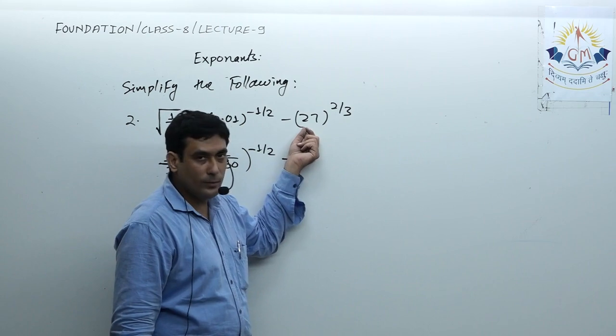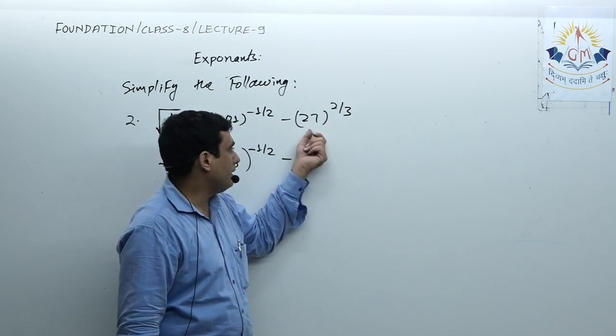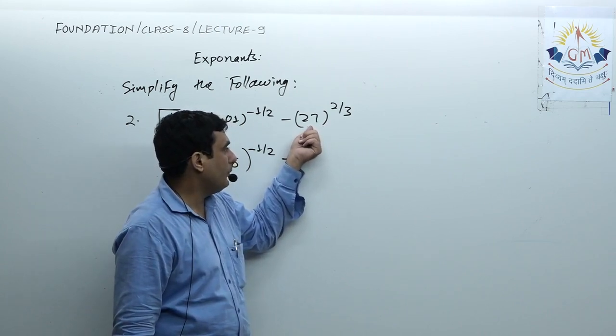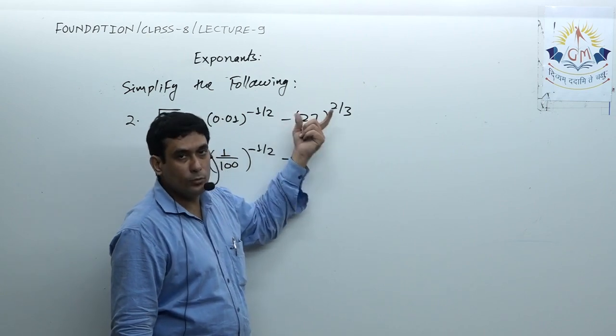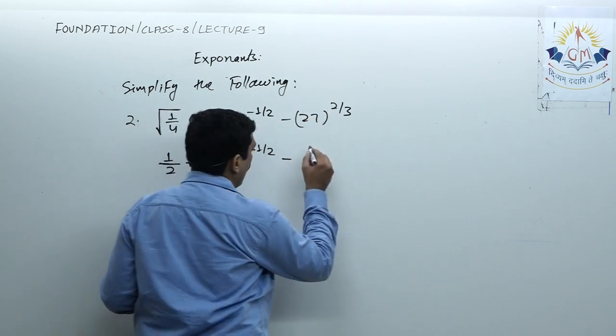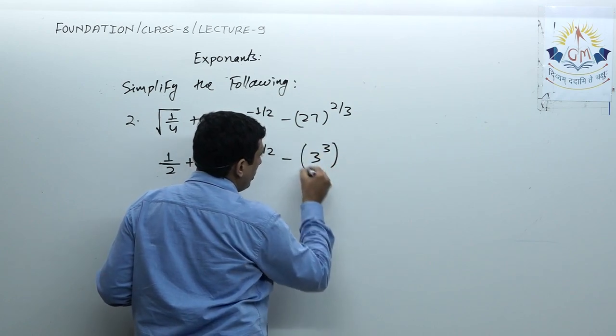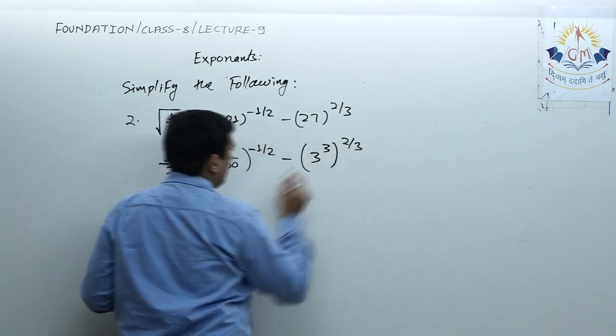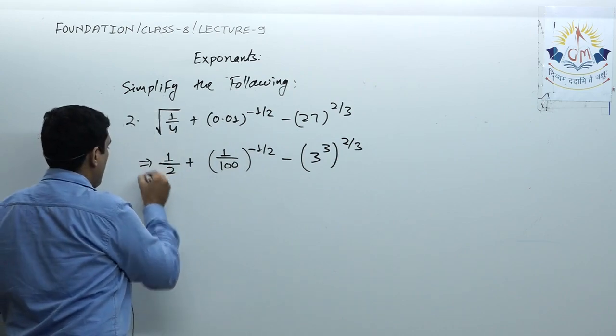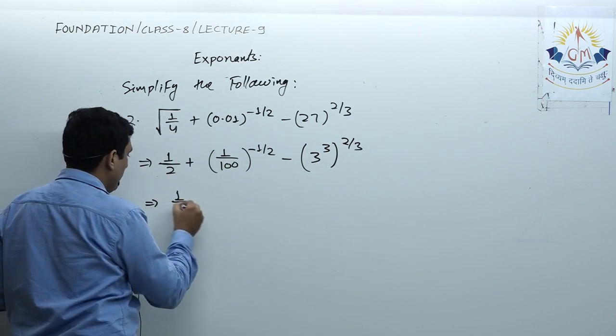It means in most of the cases it is possible to write this base as something raised to 3. So here 27 is actually 3 raised to 3. And this power remains as it is. Now here it will remain 1 by 2.